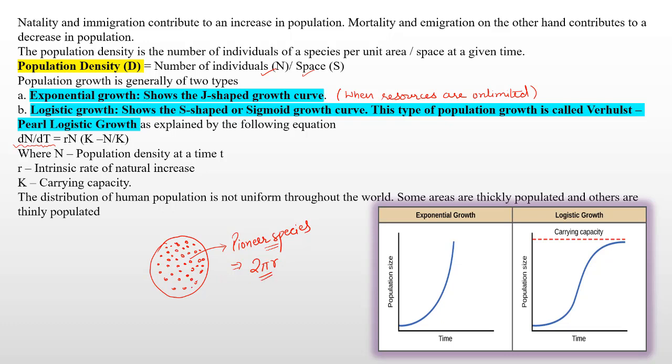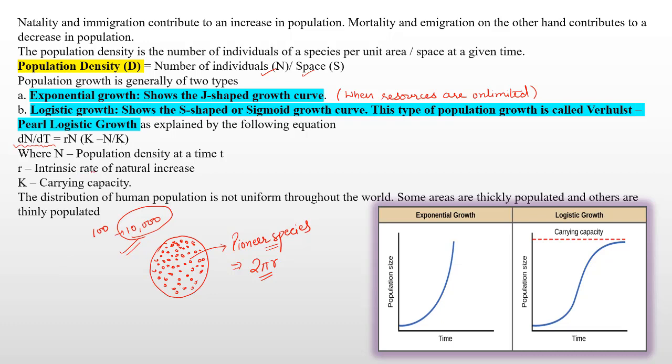The carrying capacity of this space per unit time: firstly it was carrying 100 individuals, now it is carrying 10,000 individuals. So the maximum capacity of a space to carry a number of individuals in a given time is the carrying capacity.